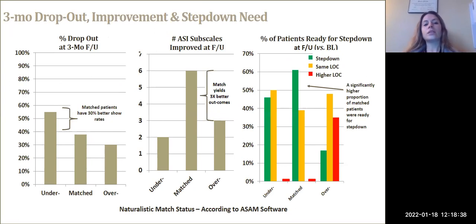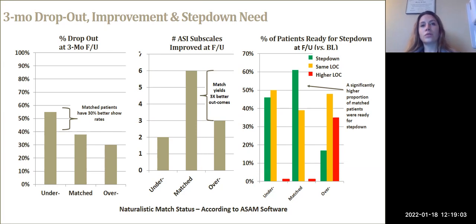This study also looked at dropout improvement and then step down, the same thing, looking at that with ASAM match. So what was recommended in terms of that continuum of care was very predictive of how well a person was going to do. So if they were undermatched or overmatched, they didn't do nearly as well in any of the variables as if they were matched appropriately.